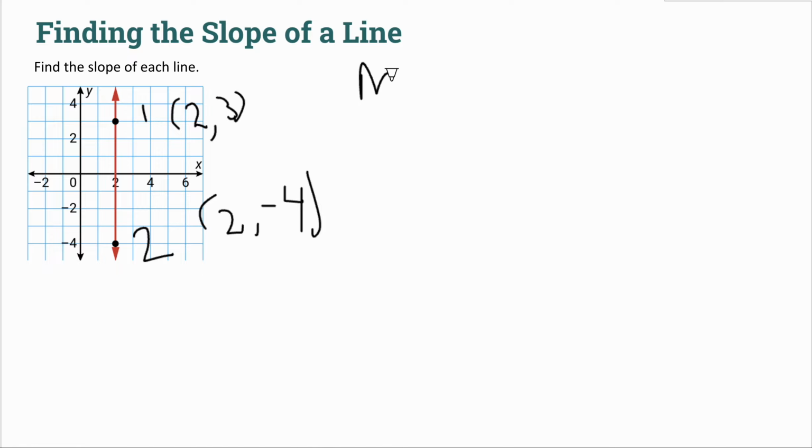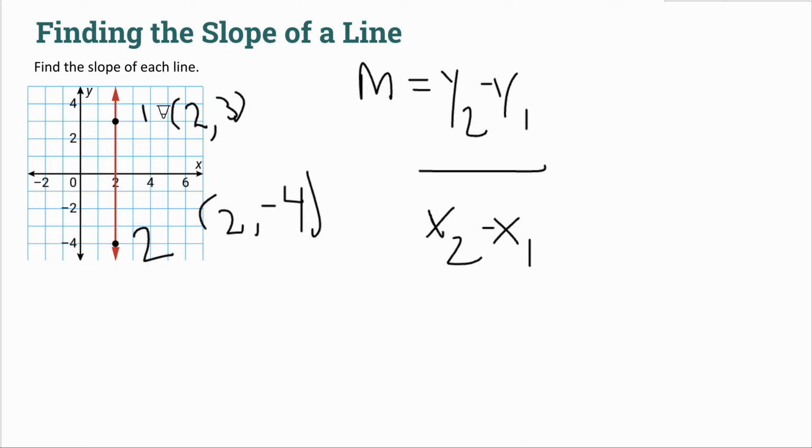So let's look at my formula. M equals y2 minus y1 over x2 minus x1. Perfect. My second y is 3, minus my next y, so that's minus negative 4.